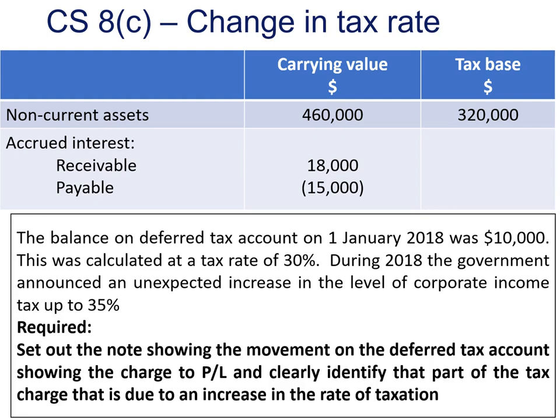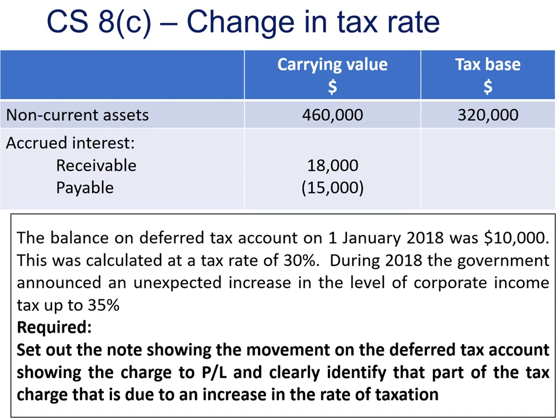Okay, so before looking at the solution, we are saying with non-current assets, we've got 140,000 as our temporary difference. And then for accrued interest and payable and receivable, we've got 18 and 15. Now, we know that the tax rate was enacted upwards by 5%.